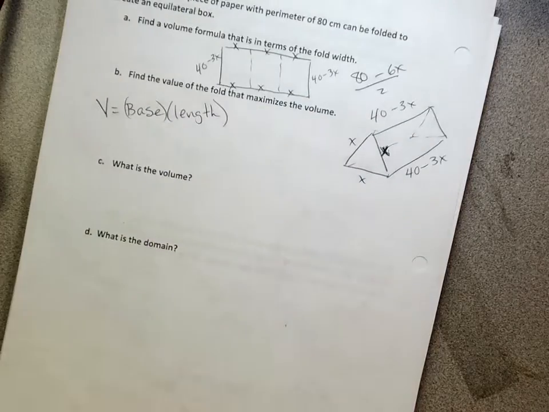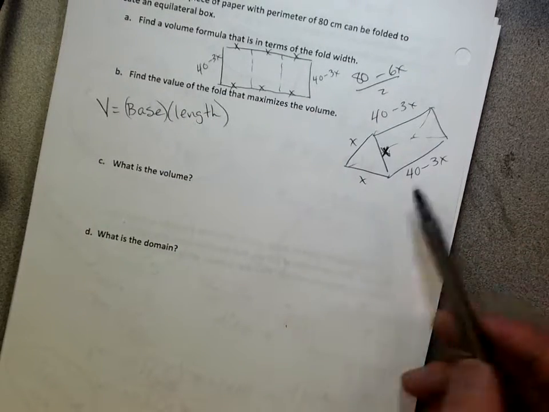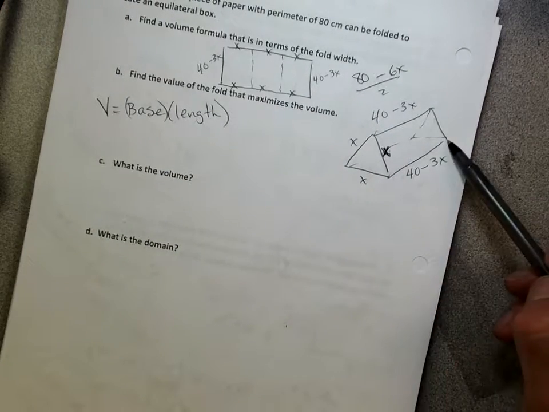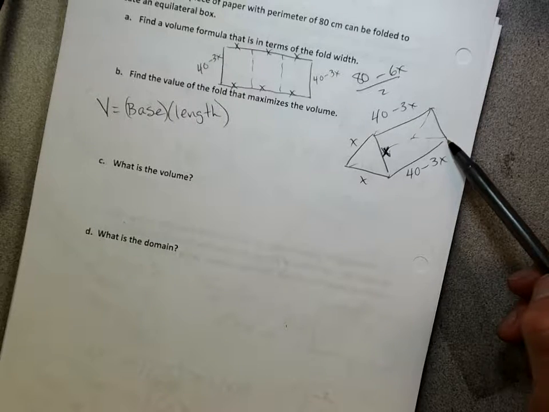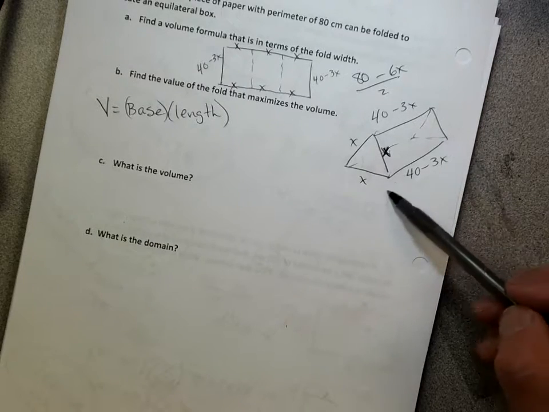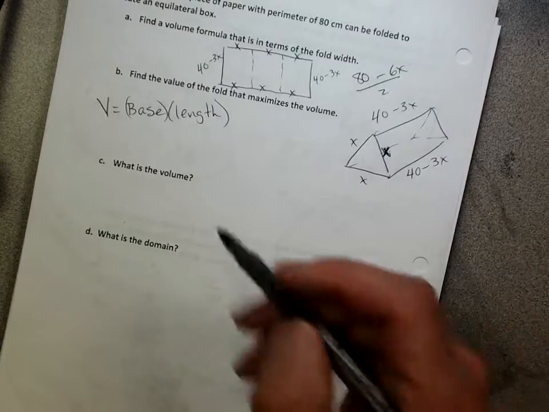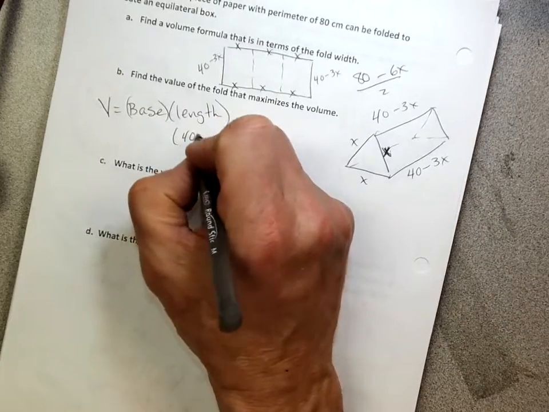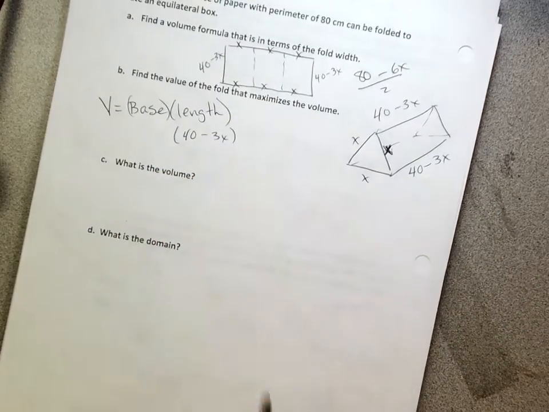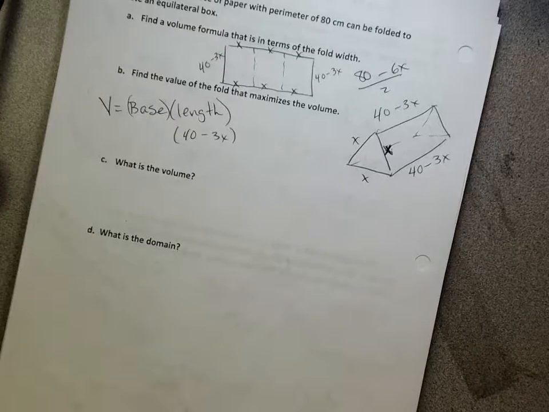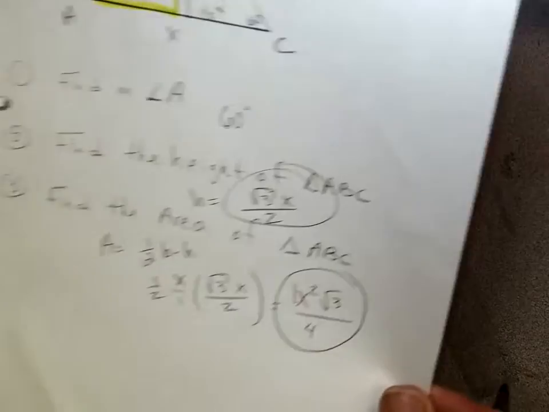Okay? So the volume of this prism is going to be the area of its base times its length, right? Now the length, we know. The length is just your 40 minus 3x. And the base, we did.